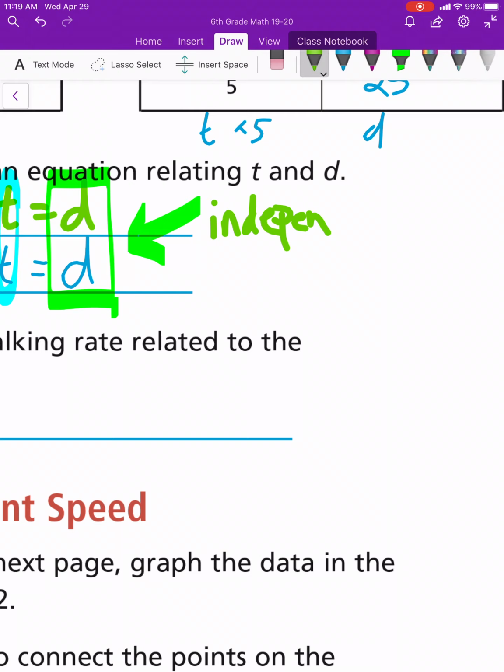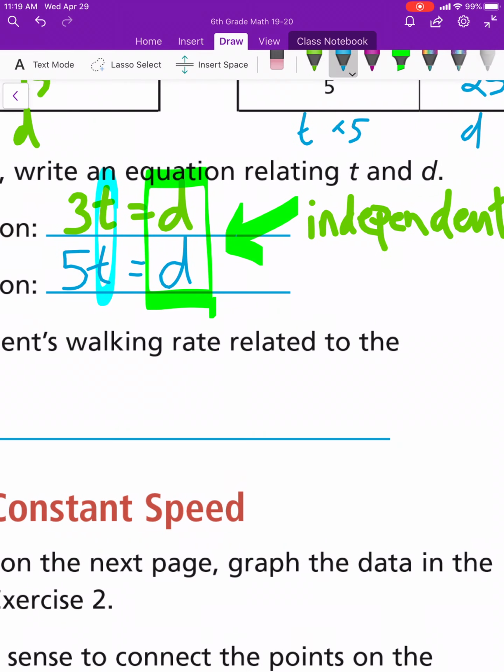Independent, dependent. Whereas these guys are our dependent variables because they change. They're depending on something different. They depend on the coefficient, right?